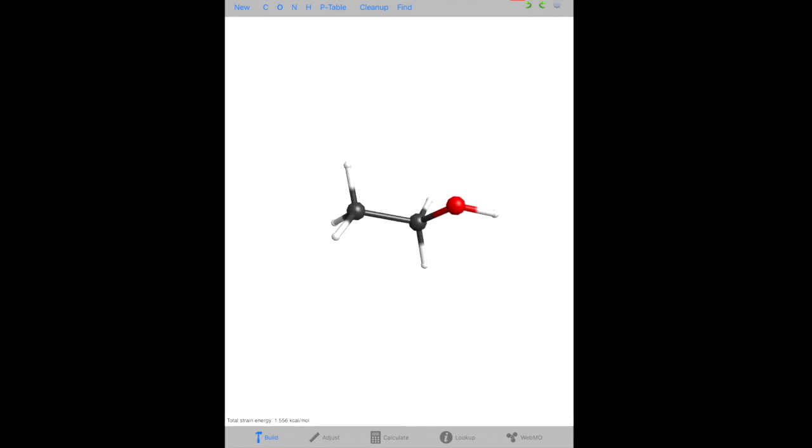And what's really cool about this program is that you can manipulate it. You can rotate the molecule and observe. Look, check that out. Boom, that's the staggered conformation of this guy. I'm not really sure how to draw the eclipsed conformation of it yet, but with a little exploration, I'm pretty sure you can figure that out. But the cool thing about this now is that I can click the calculate button on the bottom, and then at the very top it says vibrations.